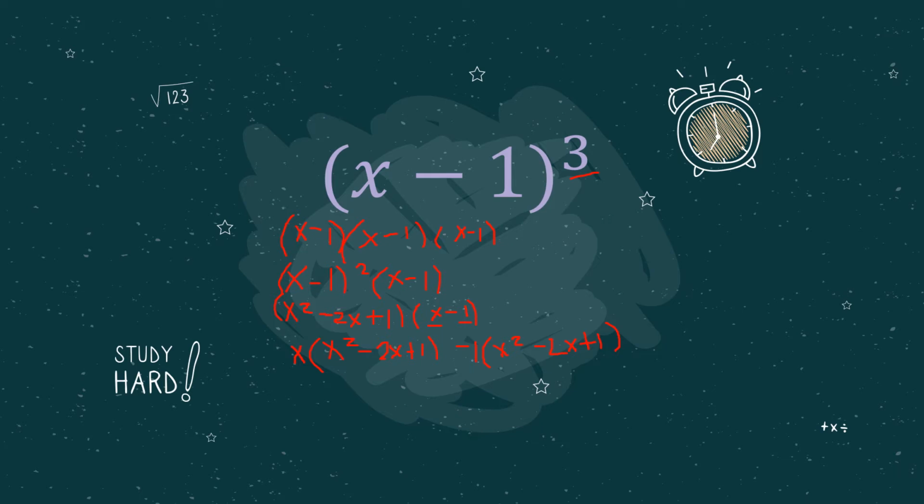Okay. Now, pwede na natin siyang i-distribute. Pag sinabing distribute, i-multiply natin ito dito, i-multiply dun sa lahat ng terms ng ating trinomial. Ayan. So, x times x is x cube. Okay. So, x times -2x is negative 2x squared.